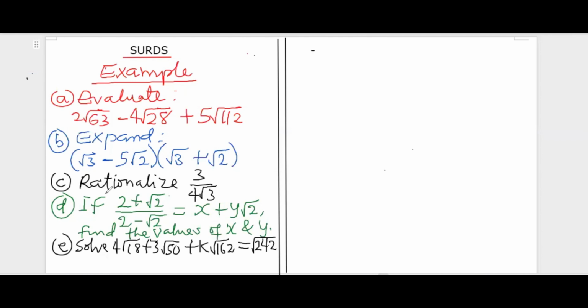In the C part, we have to rationalize 3 over 4 root 3. The word rationalize means to make this fraction a rational number.